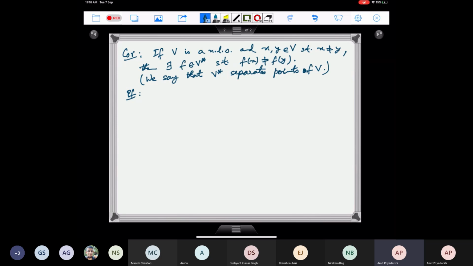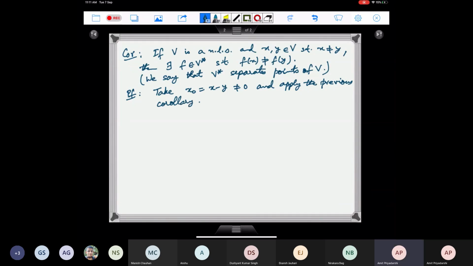You simply take x naught equal to x minus y, which is non-zero, and apply the previous corollary.